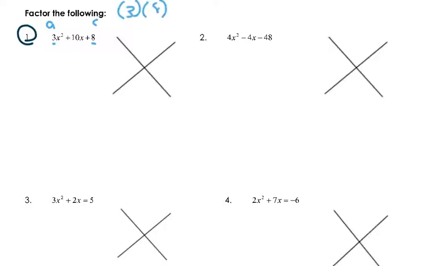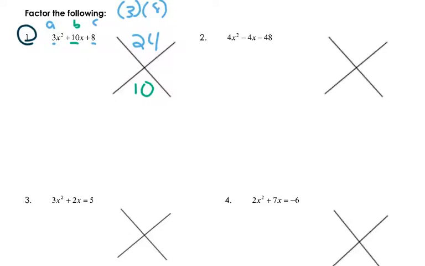All right, and that's going to give me 24. And then I'm just going to copy over our b, which is 10, and put it on the bottom. Same thing as yesterday. I'm looking for two factors that when I multiply them give me 24, but when I add them together will give me 10.